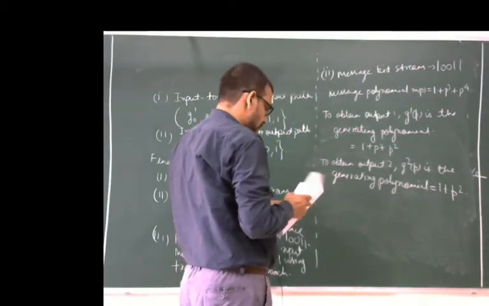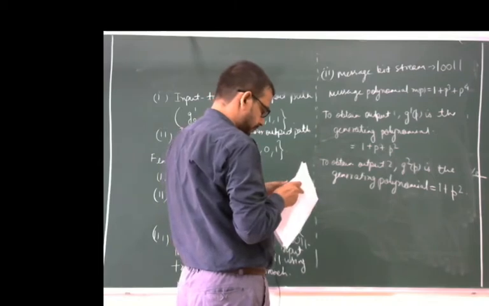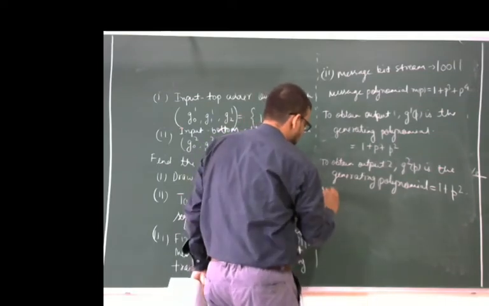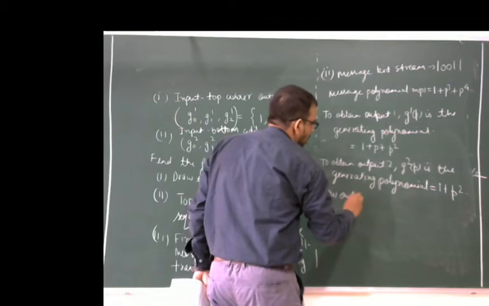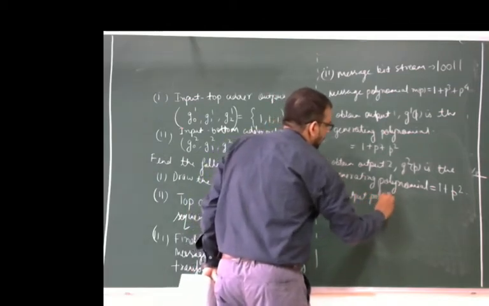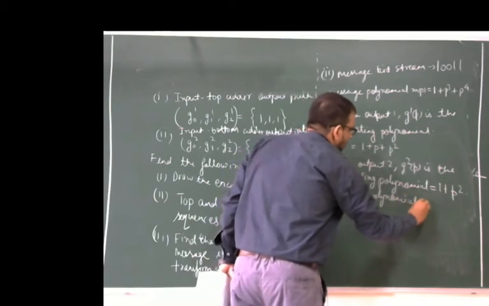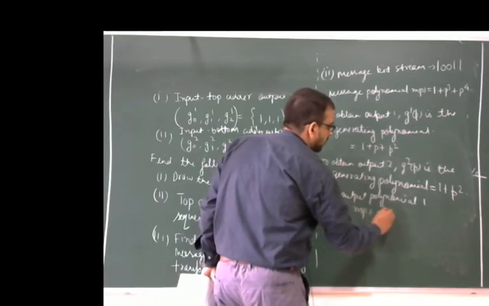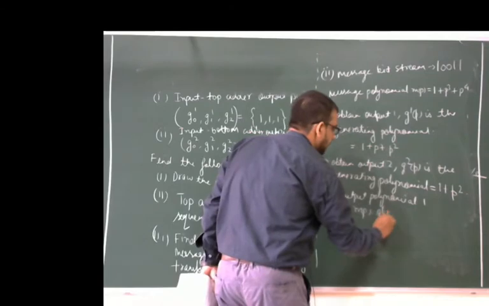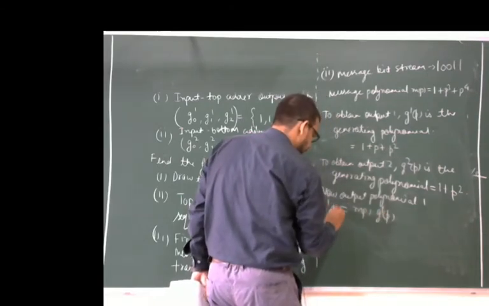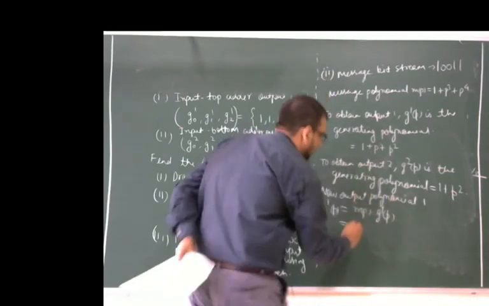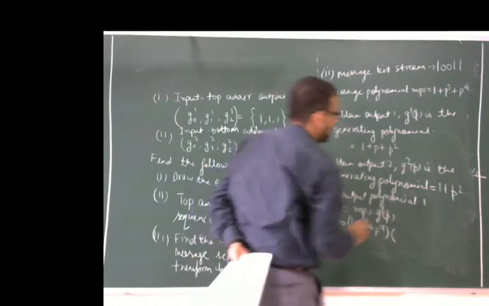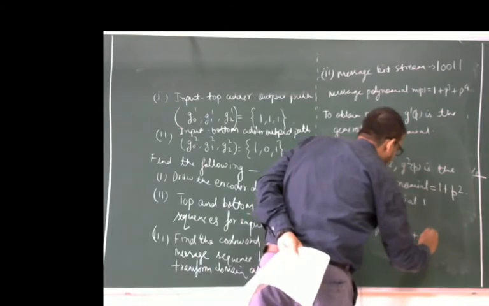Now the output polynomial 1 is equal to MP into G1P, or this is represented by C1P, is equal to MP, which is 1 plus p cube plus p4, and G1P is equal to 1 plus p square.